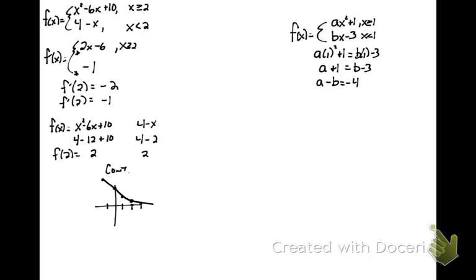So again, all I did was substitute the point where there could be an issue, 1, and I have one equation: a minus b must equal negative 4, because if it's differentiable, then it must also be continuous.